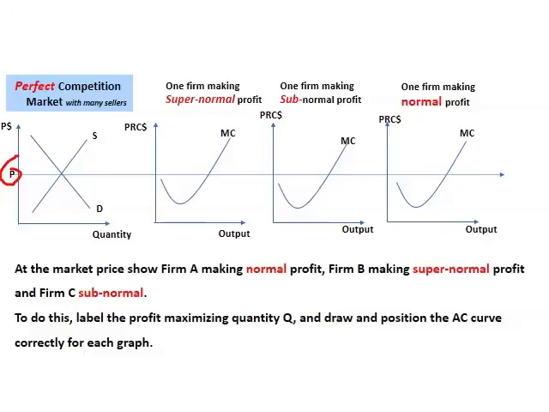So I'll leave you to draw the average cost curves in the correct position, label the profit maximizing quantity, the price, and the average cost of producing, and shade the amount of super, normal, or subnormal profit.